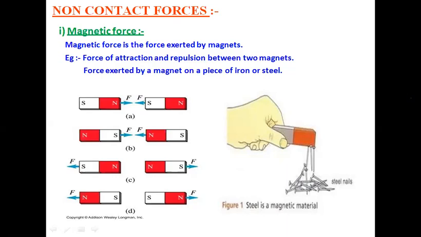We know that like magnetic poles always repel each other, that is, they push each other away, as you can see in images C and D below. And opposite magnetic poles always attract each other, that is, they pull each other towards themselves. You can see this effect in images A and B. So that is the magnetic force acting between two objects without being in contact.